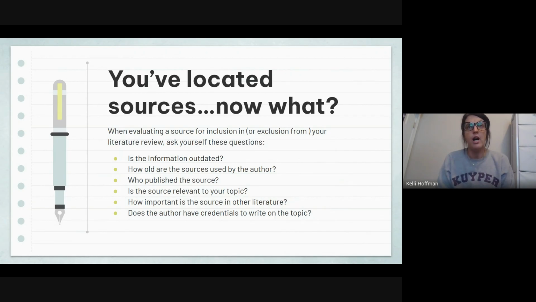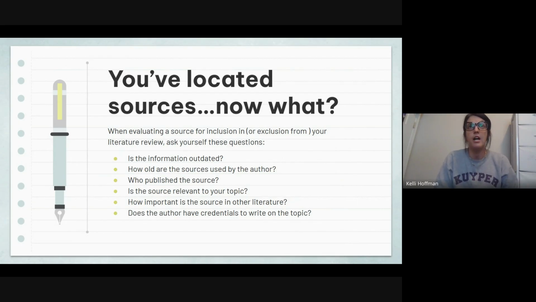And so even though the source I was reviewing was post-COVID, some of the data was pre-COVID, which again isn't necessarily a bad thing. We just have to use that critical eye when we're reading. So if your author is published recently but using a lot of outdated sources, we have to consider, is this the best source?